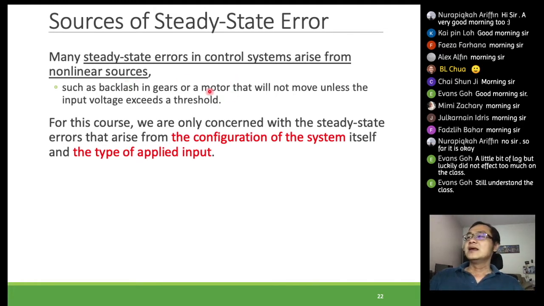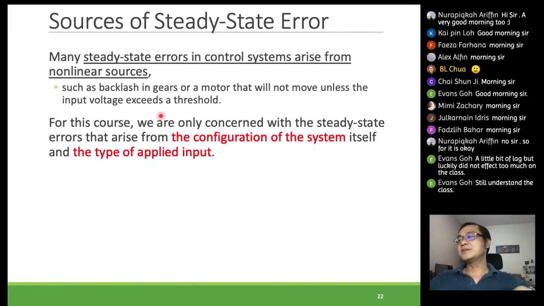But for this course, we will not look beyond the non-linear side. We just want to give you a fundamental idea of how to control a so-called ideal system, with the injection of maybe a disturbance and so on later on.